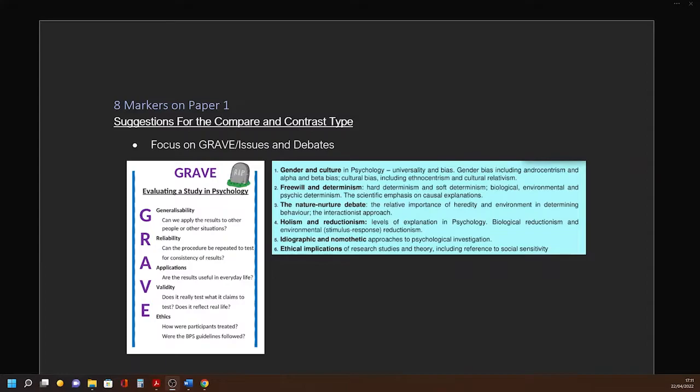You can also use the issues and debates. You have nature-nurture, which is a common one. You can say, this study supports the nature side of the debate, and this other one supports the nurture side, and then explain why. Or you can say both studies support the nature side, and the same goes for the rest of the issues and debates.